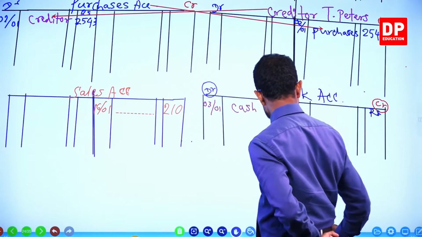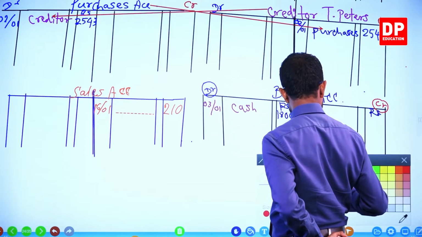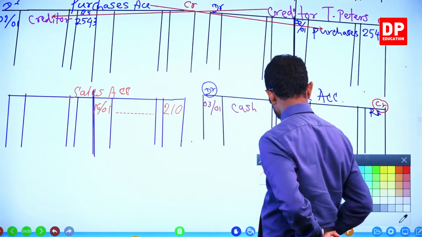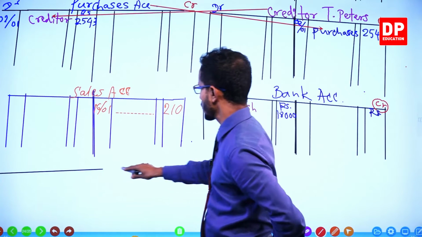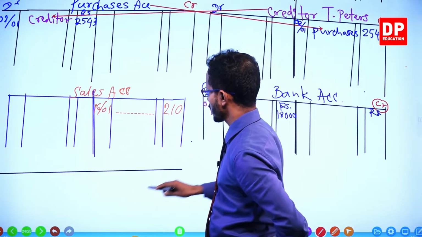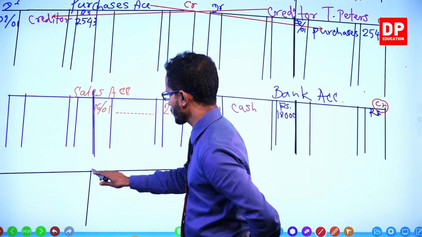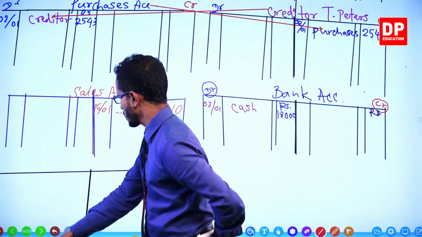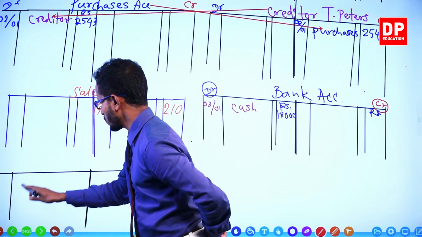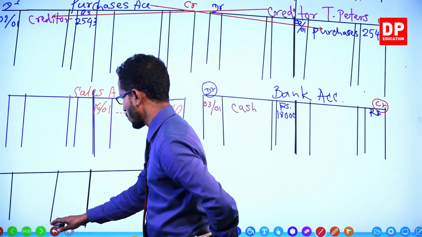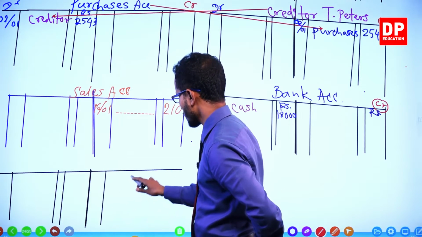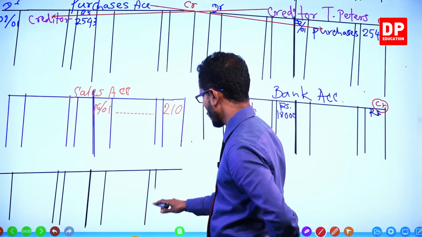All right, debtor's account. Narrow, wide, narrow, wide, narrow, wide, narrow, wide.